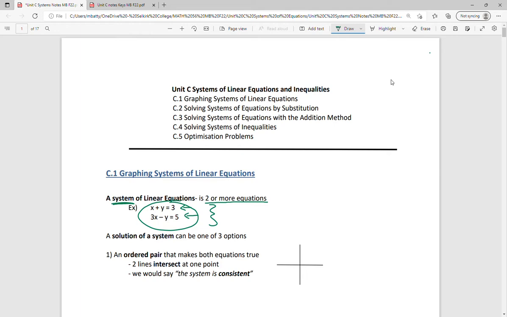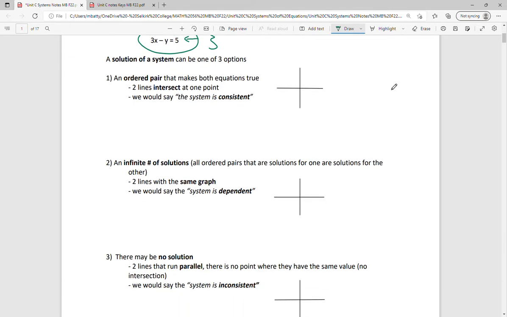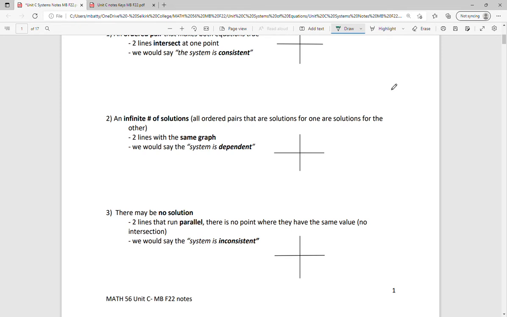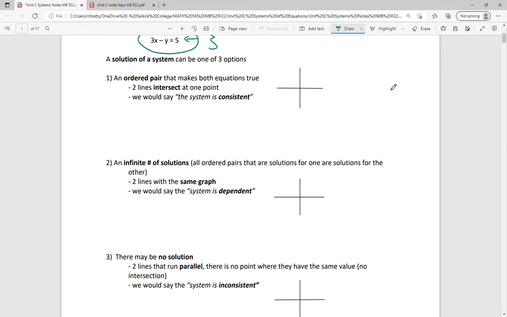So one option when you consider a system of equations is that if you were to graph those two equations, and you put one line on the graph and the other line on the graph, they may intersect at a particular point.